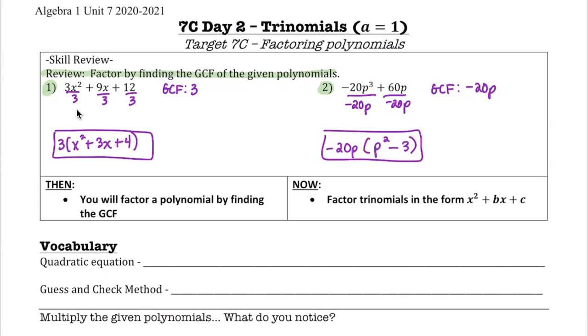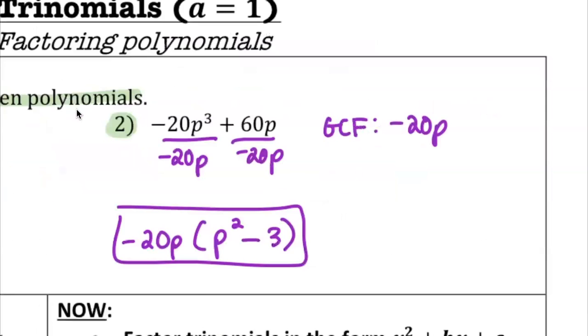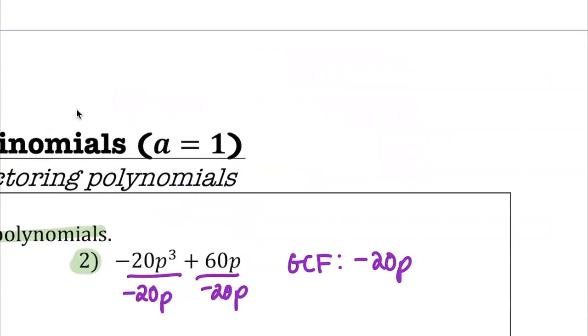So if we divide both by negative 20p, you should be left with p squared minus 3 back on the inside. Now today we're kind of taking what we just did to think about the next level. Because when we factor things, the idea of factoring something completely is not necessarily just where we stop at the GCF.